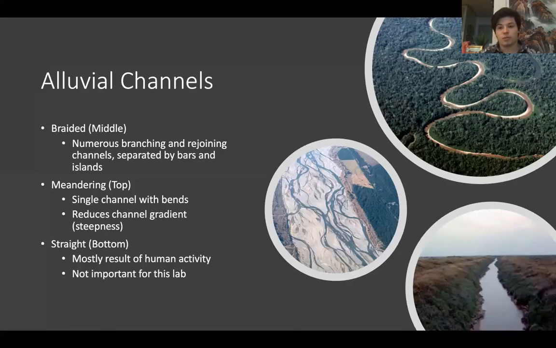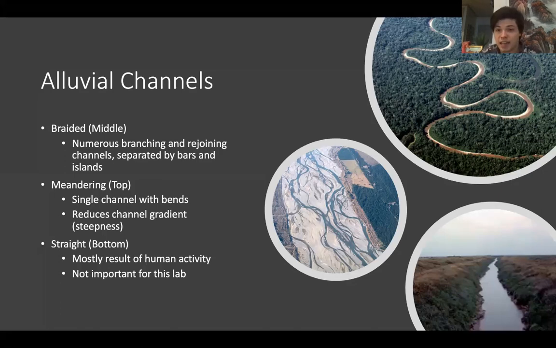Now let's get into a little bit more of the background content again. We're going to be talking about fluvial landforms in general. First, alluvial channels are going to be our focus. These are channels with non-bedrock bottoms, so they have bottoms that can move around, loose, those sorts of things.